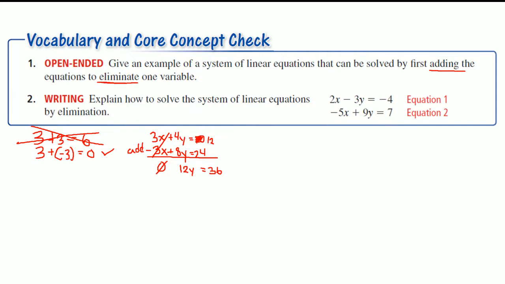Like before, it has to be the same number, but the values are different. I see a 9 here, and I see a 3 here. How about I multiply this by 3? So distribute the 3 in here. That becomes 6x. 3 times -3 becomes -9y. 3 times -4 becomes -12. The bottom is written the same way.